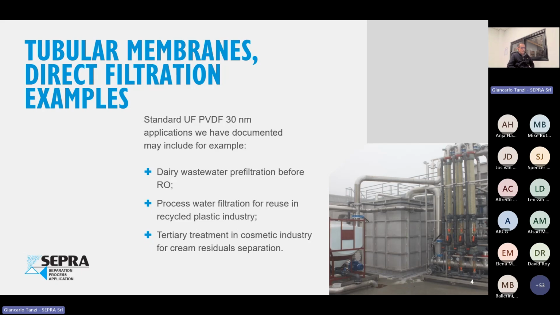But summing up, ultrafiltration to handle the bigger organic stuff, also some fat, grease, and solids, together with RO to trap the dissolved organic solids, generate concentrate that can be directed to biogas and biomethane production.